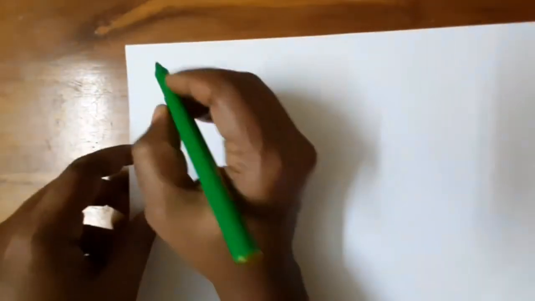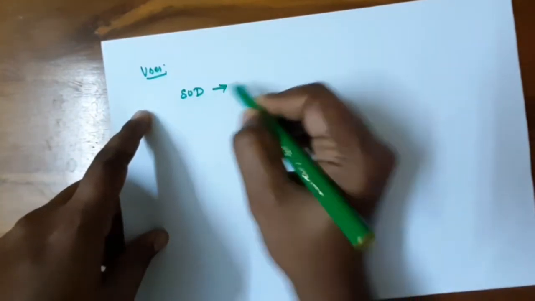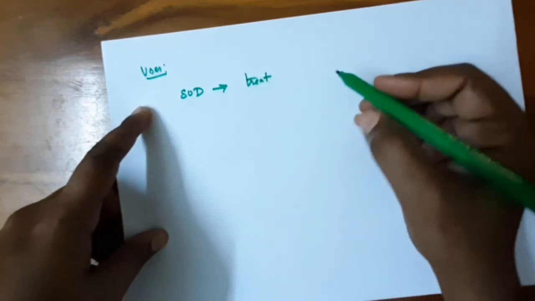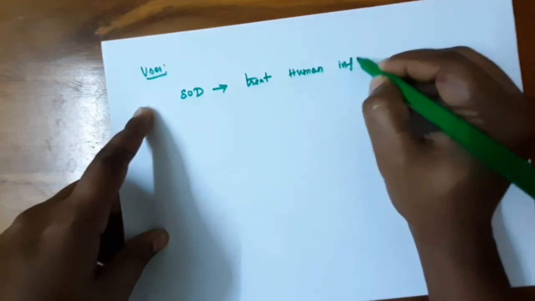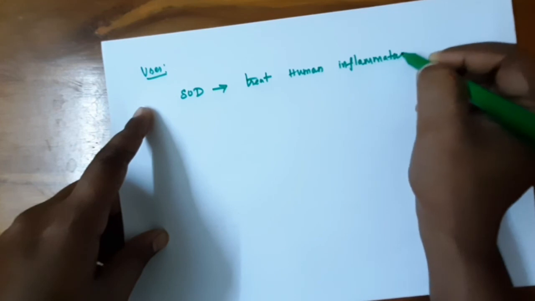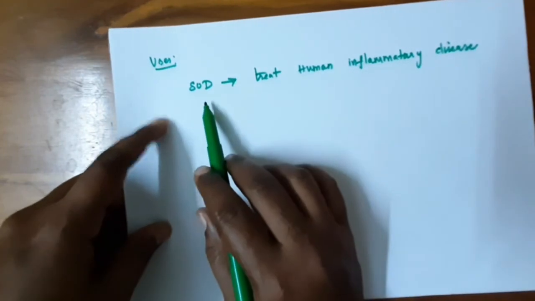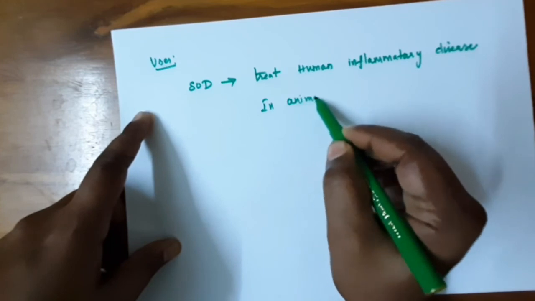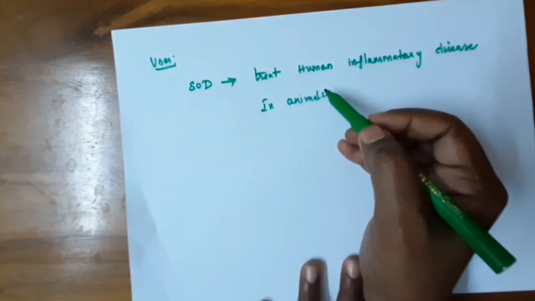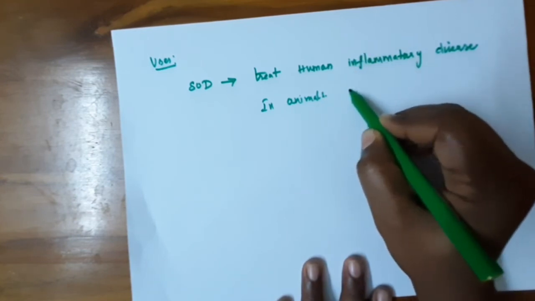If you see the uses, in humans superoxide dismutase is used to treat inflammatory diseases, and in animals also it is used for curing skin diseases.